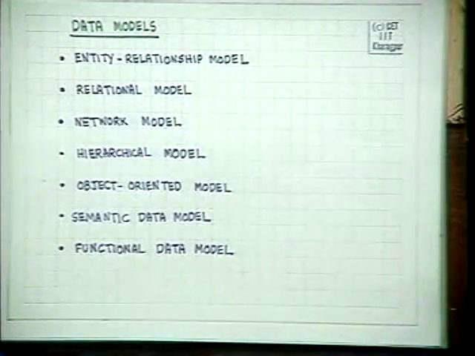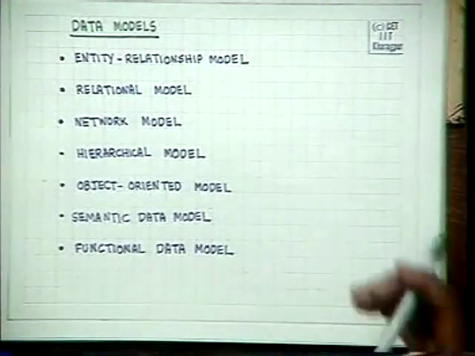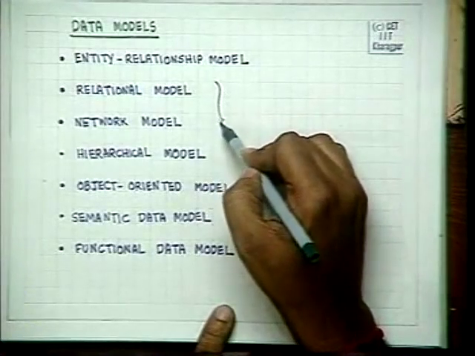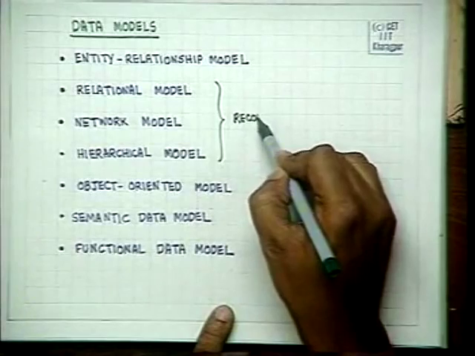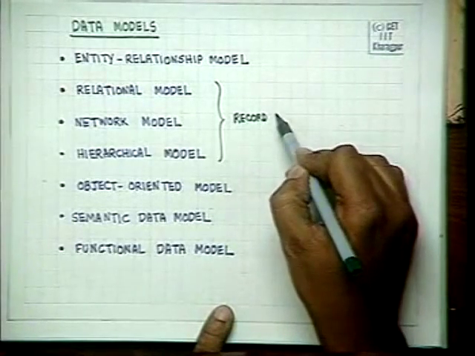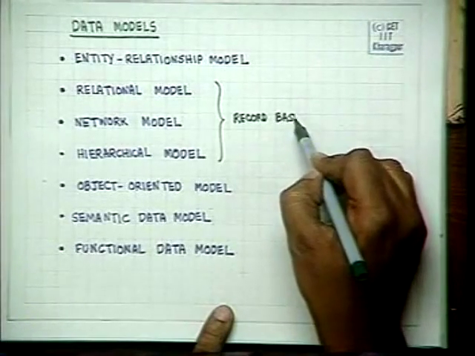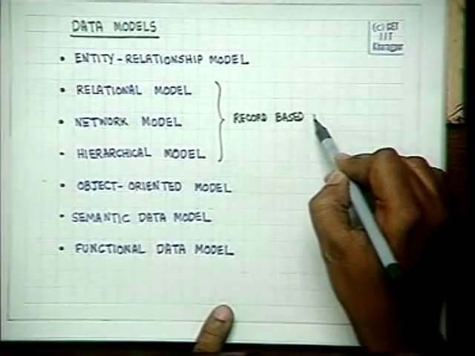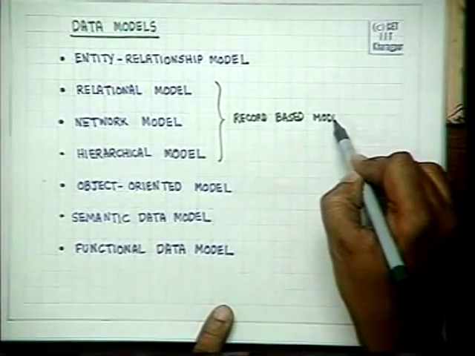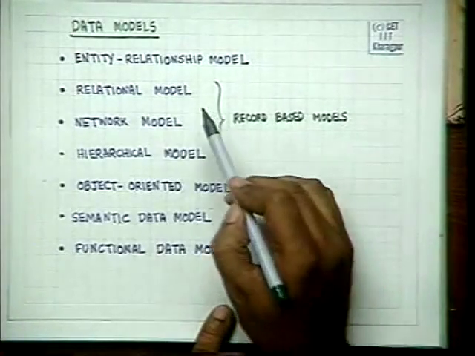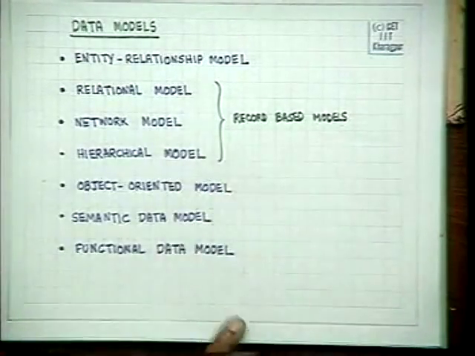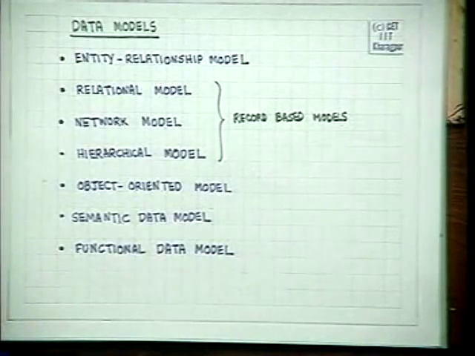Among the lower level models are the record based models, often called the record based models, of which the relational model is by now the most popular and most widely used model.